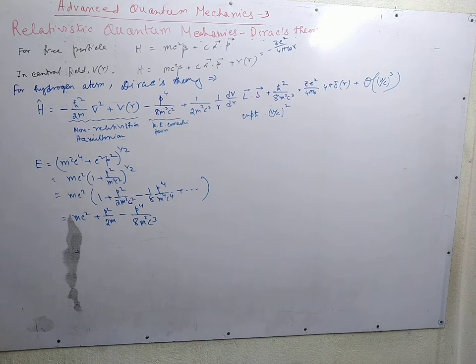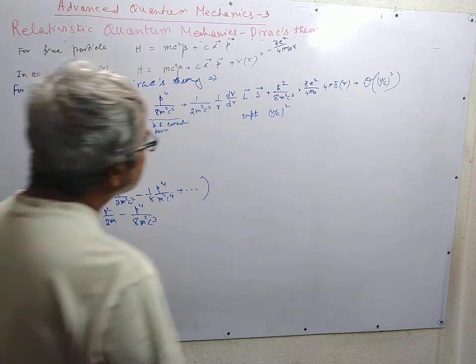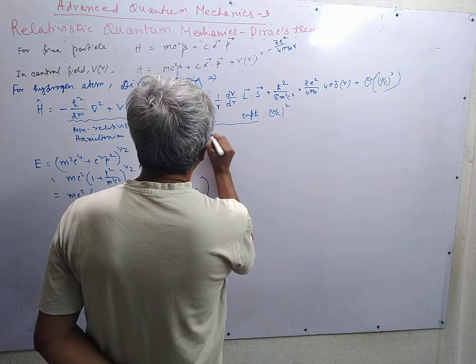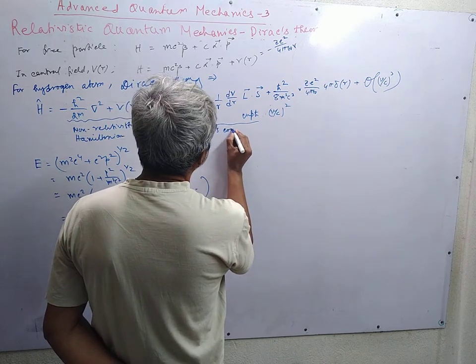This is the first order correction over the non-relativistic kinetic energy term. This is known as the energy due to the LS coupling term.